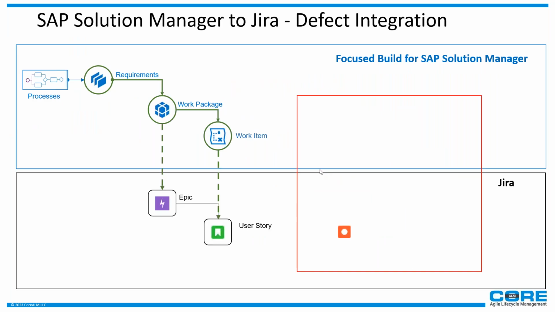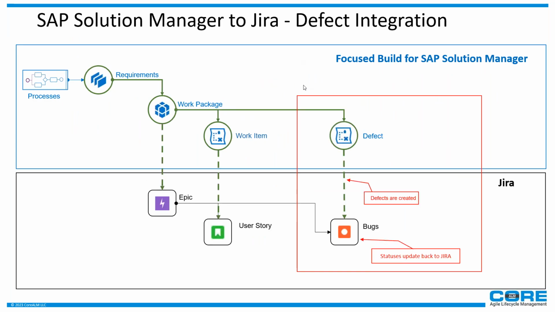Okay. And going back to the defect, we also have defect integration with Jira. During the testing side, we do the testing in Solution Manager. We have Solution Manager Test Suite, Focus Build Test Suite, and that enables us to do integrated testing, as I was mentioning earlier.